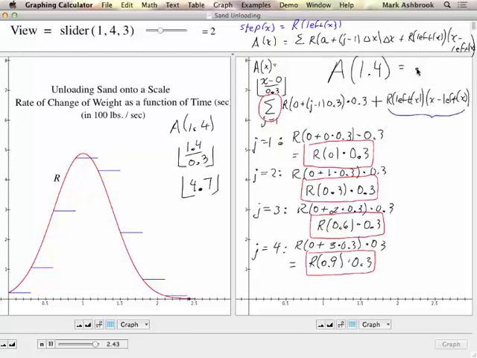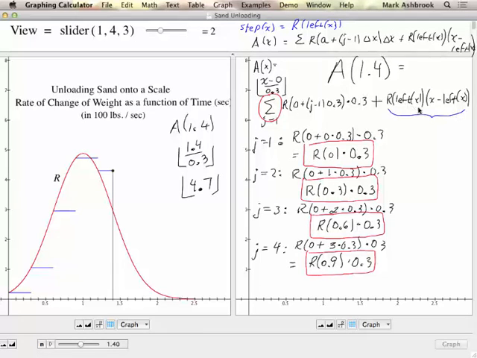That first part of the sum sums up the k delta x for the first 4. And then we have a little bit more. How much more do we have? So I'm going to stop it over here at 1.4. Okay, there we are at 1.4. So the first part over here, just add it up, k delta x, for j equals 1, j equals 2, j equals 3, j equals 4.